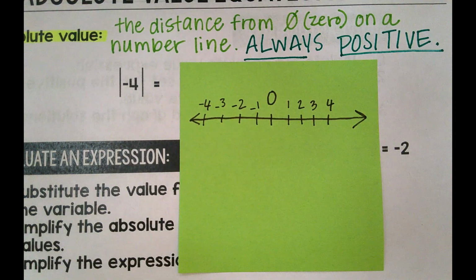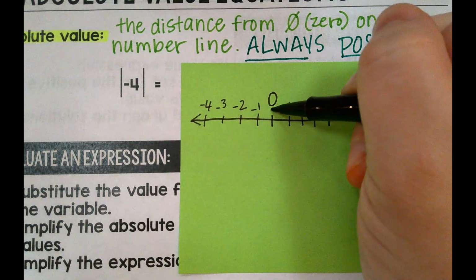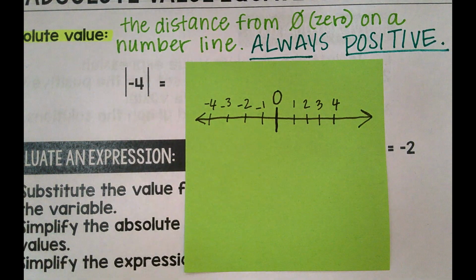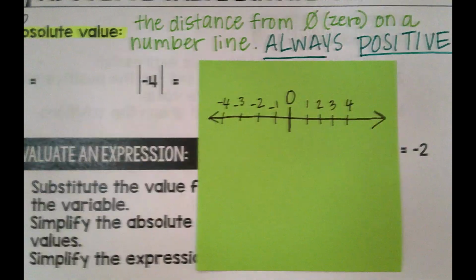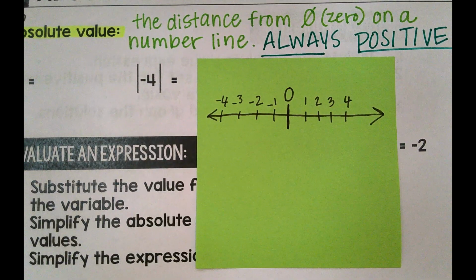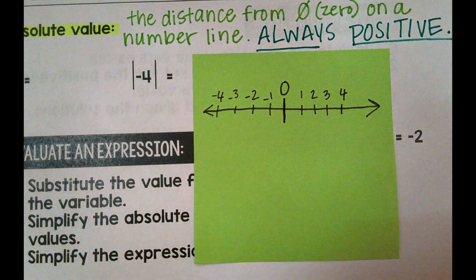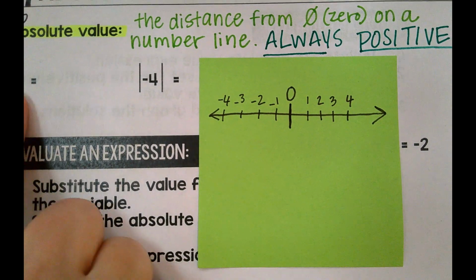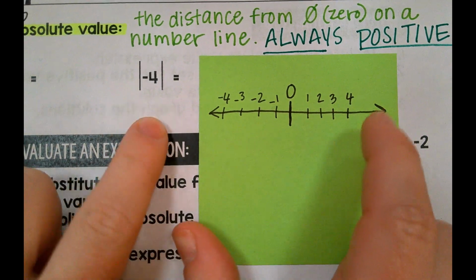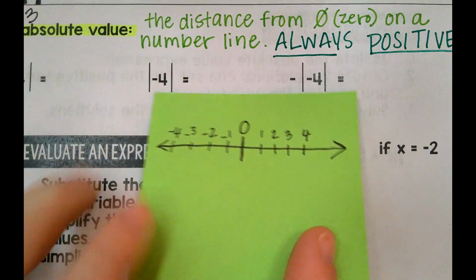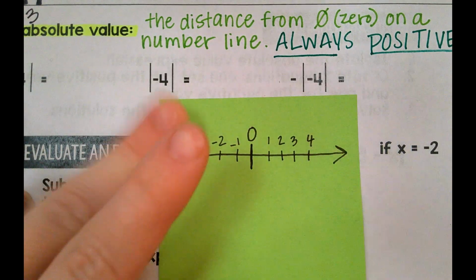But my negative sign's kind of low. I don't know why I did that. It came out a little funny. Sorry, guys. Those are negative numbers. My 0. And we're going to use this number line to help us fill out these 3 problems down below.